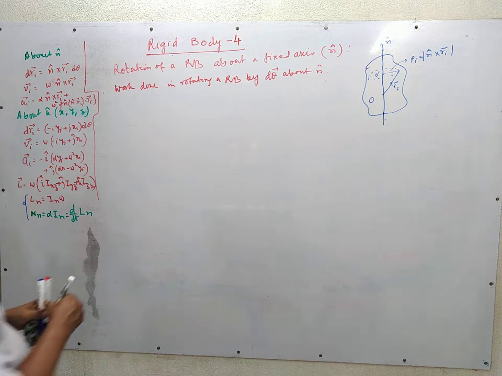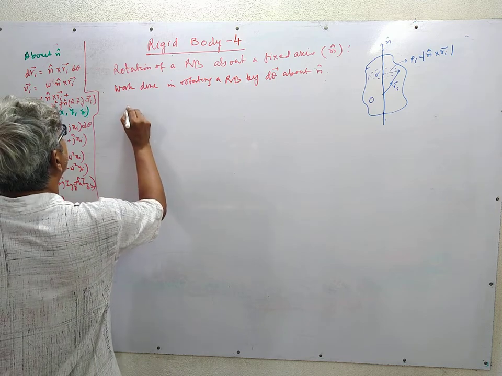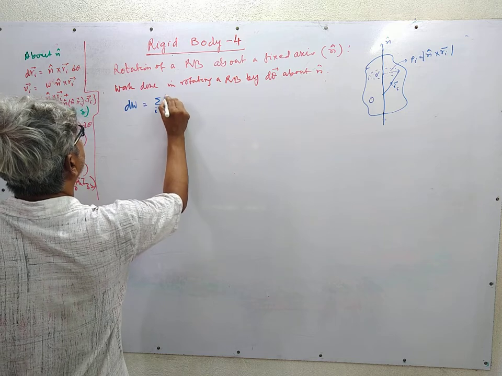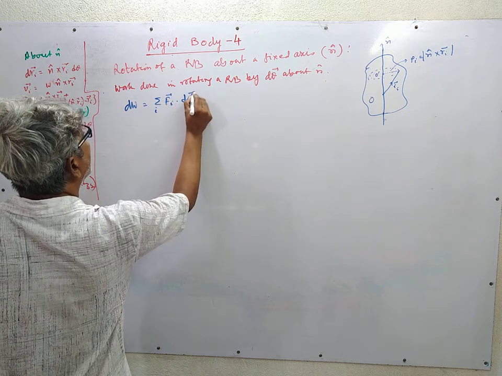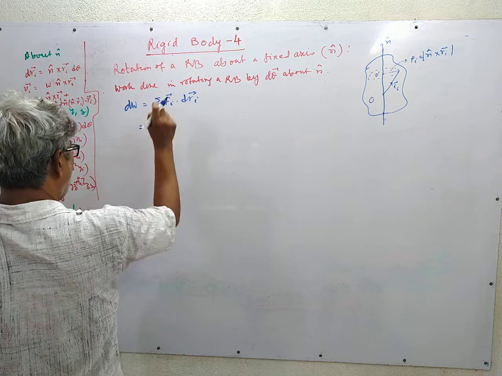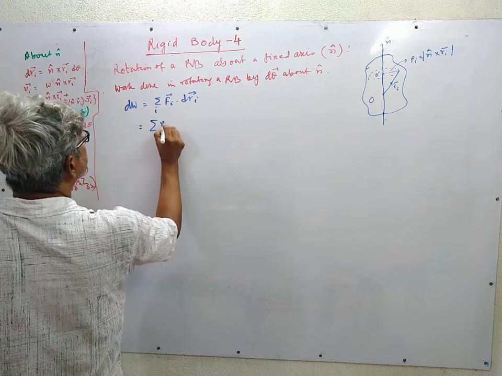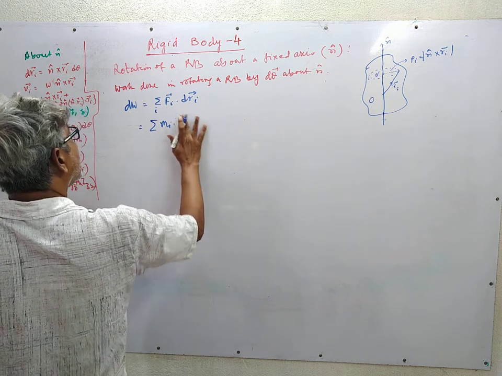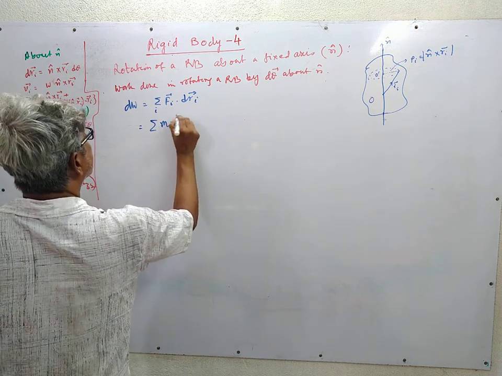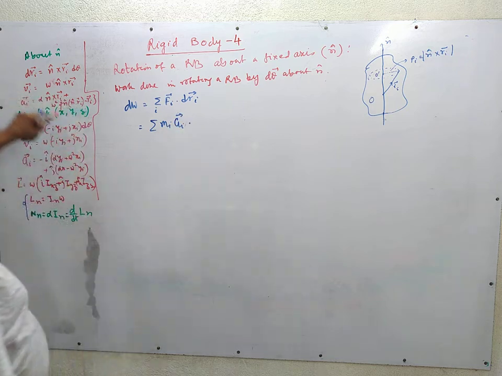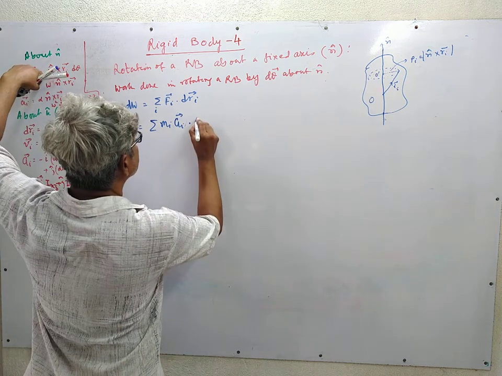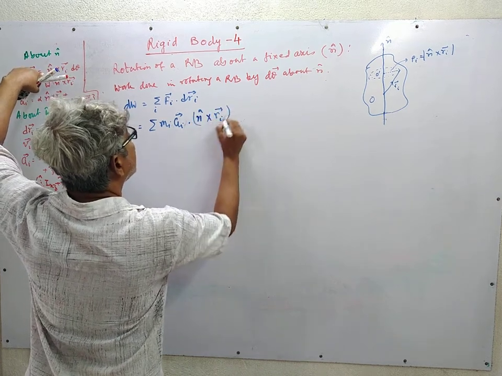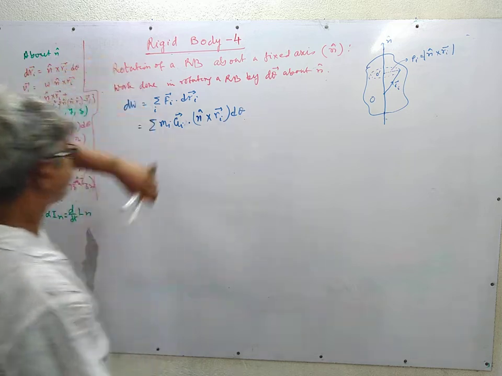The work, we start with the definition that dW is equal to summation over i F_i dot dR_i. For F_i we write it is m_i times acceleration, and for dR_i we write this expression n cap cross R_i times d theta.